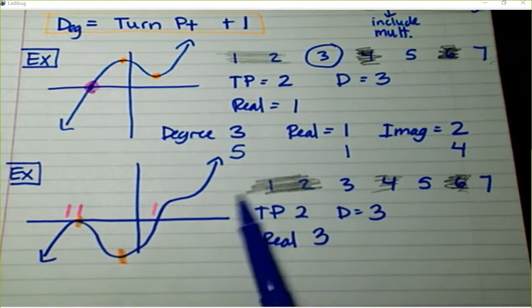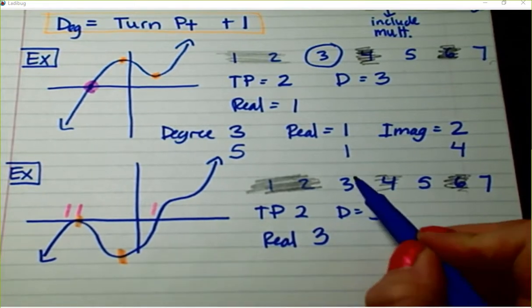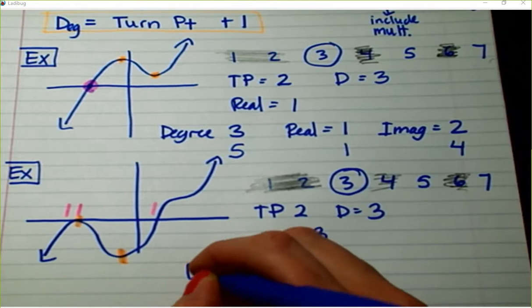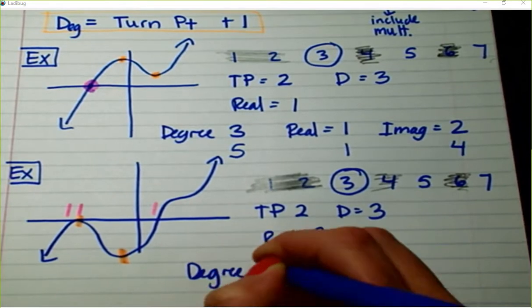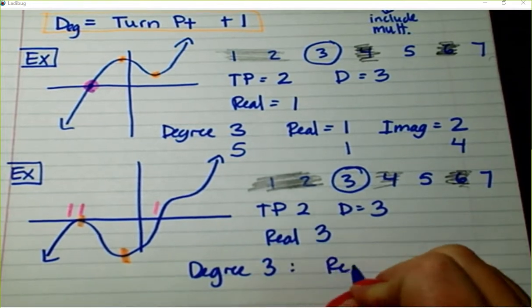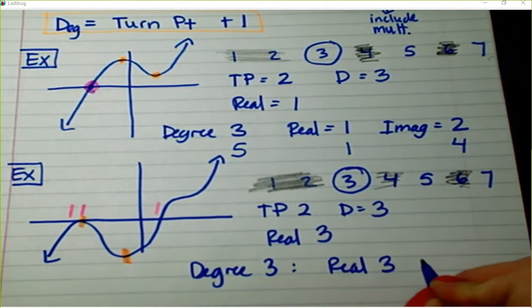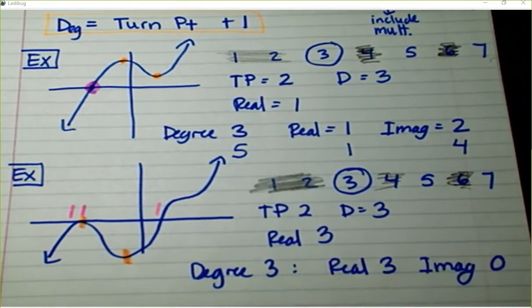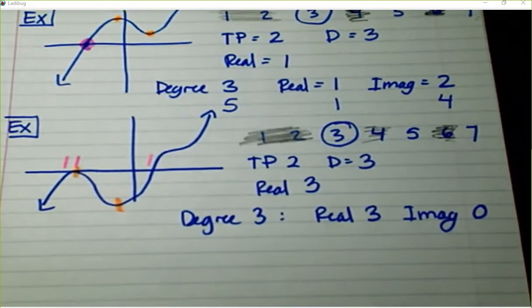I already crossed off the stuff below it, so that leaves me with 3. So if my degree is 3 based on the turning points and the x-intercepts that I see, then the real is 3 and the imaginary has nothing left. Now that is just based on the graph.